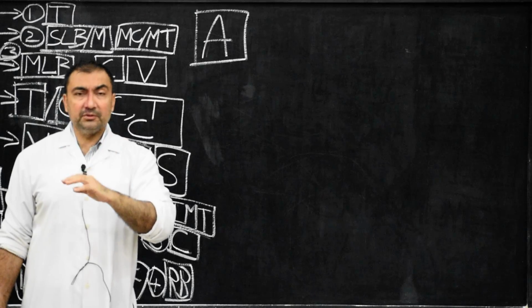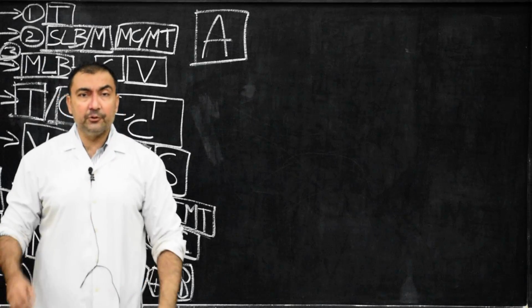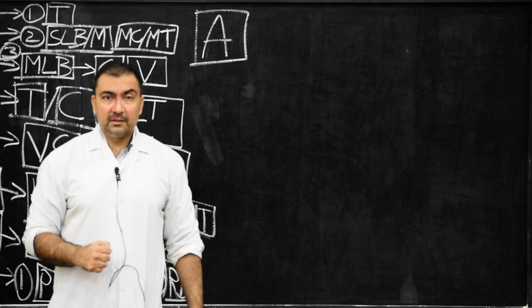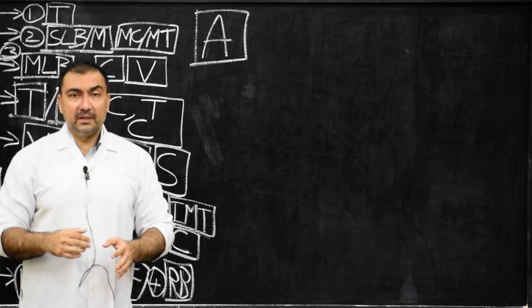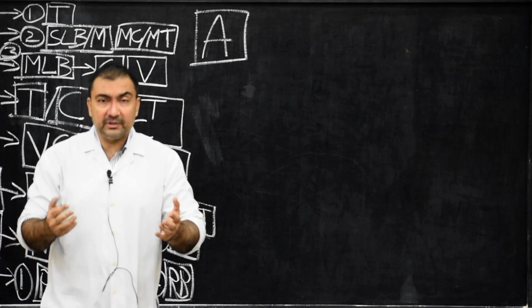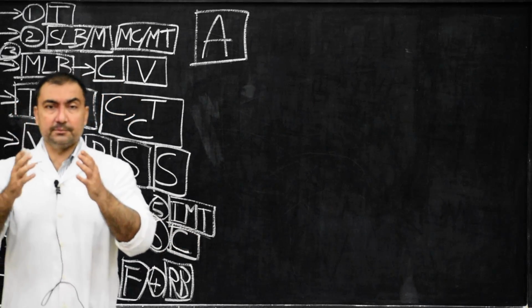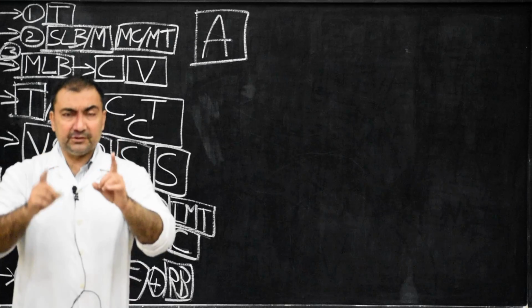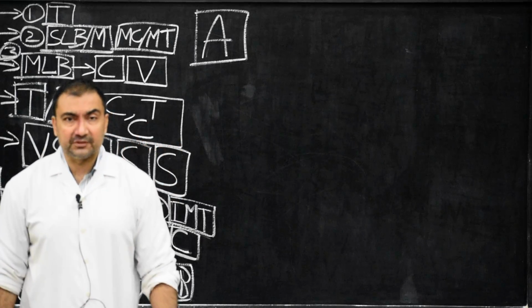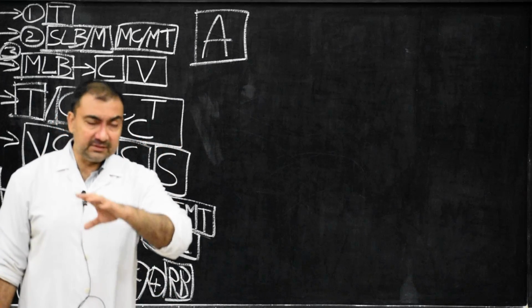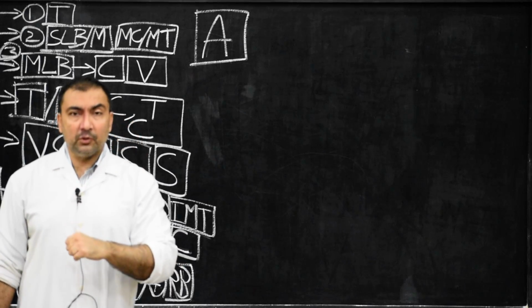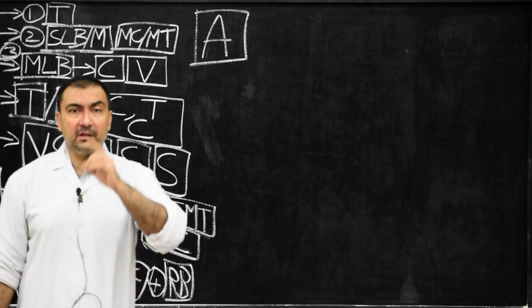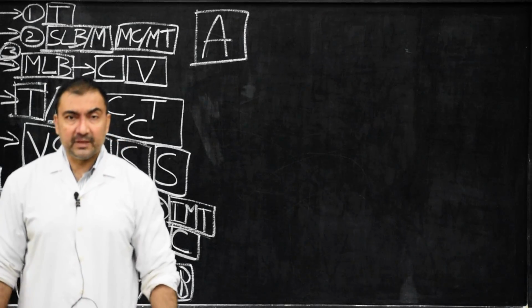They are called sutural bones, or Wormian bones, W-O-R-M-I-A-N, or interparietal bones. They are present between the sutures. They develop because they have an extra center of ossification. Because of the extra center of ossification, they are accessory bones.